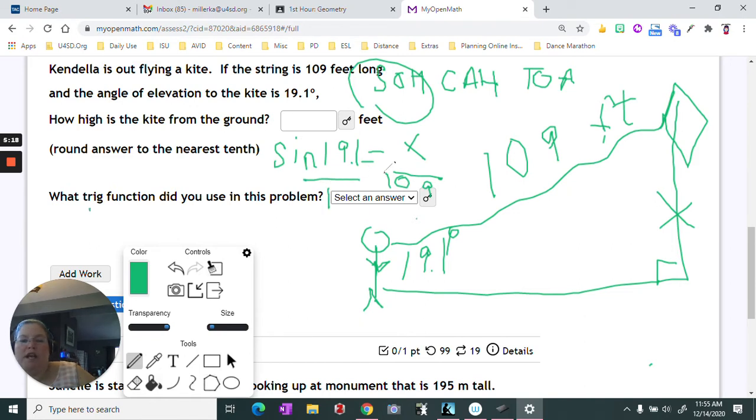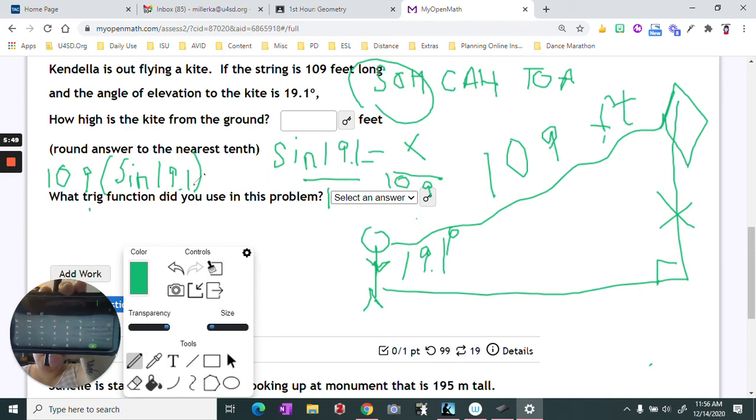Okay, so 109 times the sine of 19.1. Okay, so I'm going to go to my calculator and check out my scientific function. So I'm using the one on my calculator. If you tilt it sideways, it should show up with your scientific, sine, cosine, and tangent.